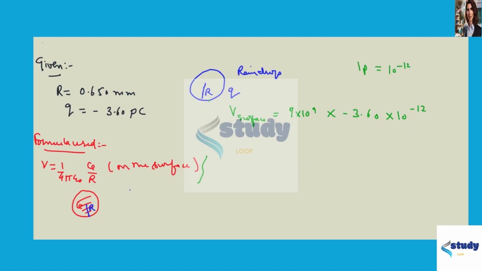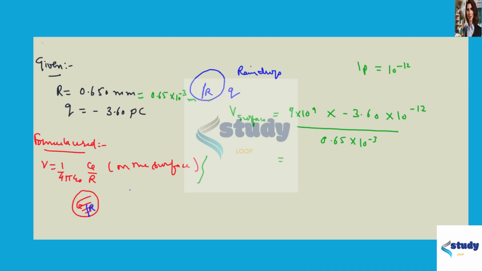So we have this value here over R, which is 0.650 millimeter. And if we want to convert into the SI units, this becomes 0.65 into 10 raised to power minus 3 meter.